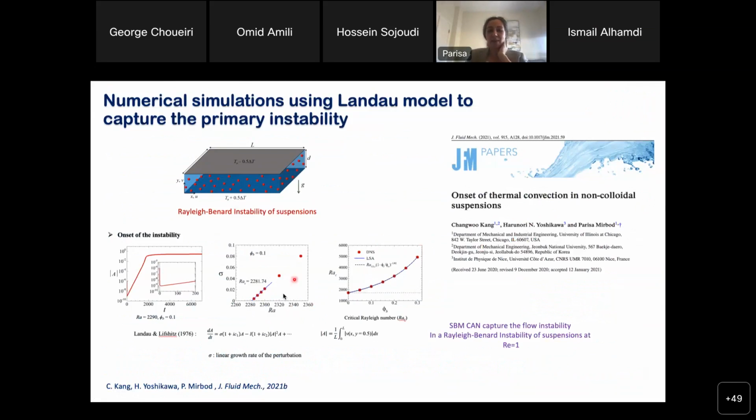Okay. So if this is the case, then I ignore the last part, which is actually linear instability, where we worked on the onset of thermal convection in non-colloidal suspension in a Rayleigh-Benard problem.